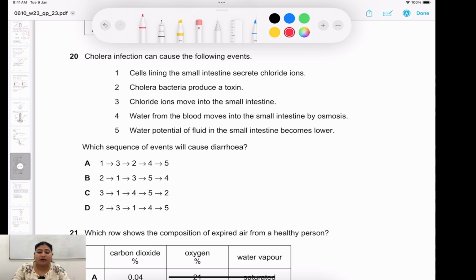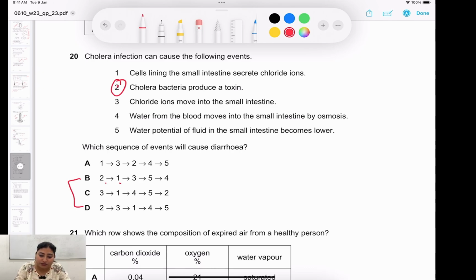Now let's see word to word which particular option is suitable. First of all, the cholera bacteria produces toxin. This is going to be the first one. So that means we have sorted out two options, that is B and D. The second one is cells lining the small intestine secrete the chloride ions. So this is the next option.